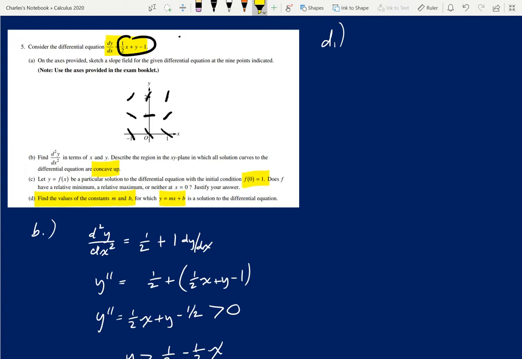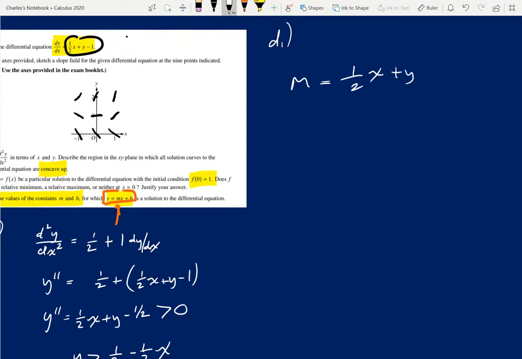If you think of this equation right here, if it's a solution to the differential equation, then its slope is going to be the same as the differential equation. So what is the derivative of this? Well, that is m. And so I'm going to set m equal to 1/2 x plus y minus 1.